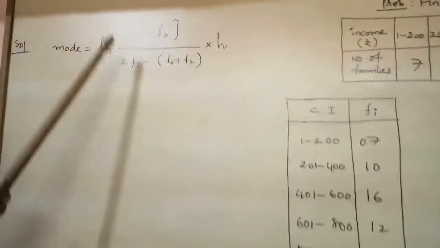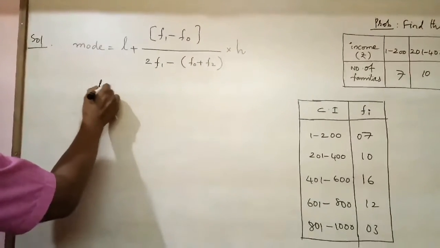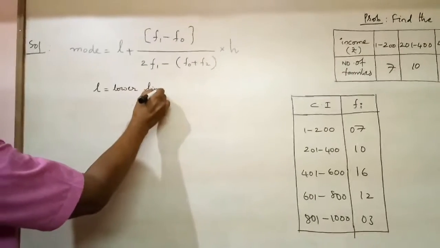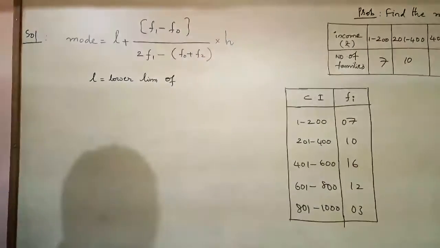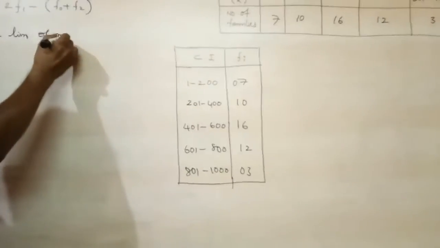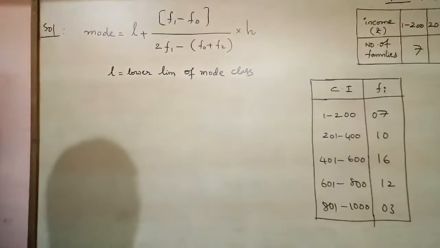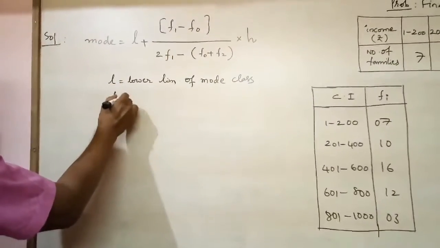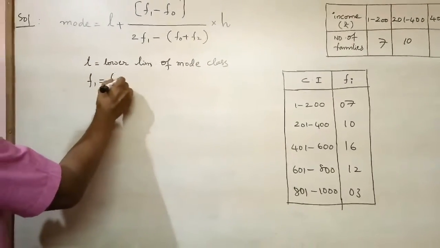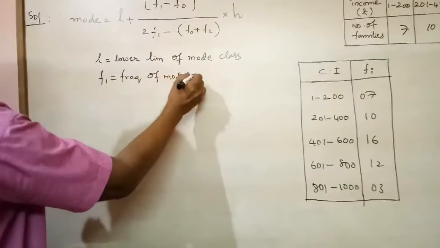These are required to find the mode. Here L means the lower limit of the model class. F1 means the frequency of the model class.